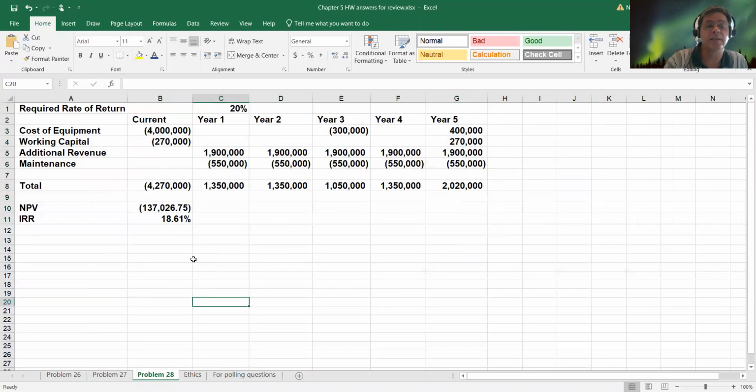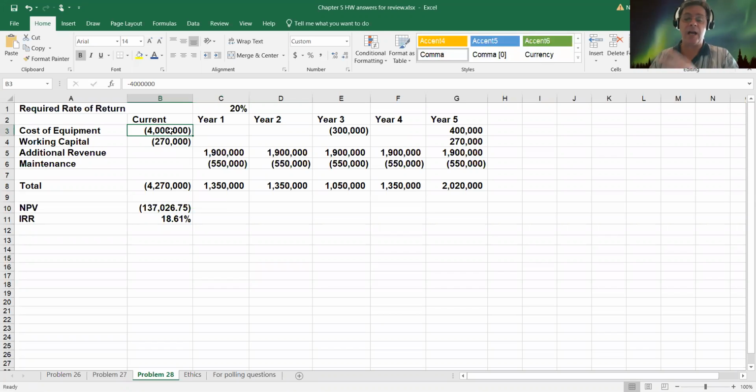Problem 28. Some even bigger numbers in terms of investment, and then a couple of quirks in this problem. This time I did not copy the table or try to do it with the tables, just did it as instructed with the NPV and IRR formula.